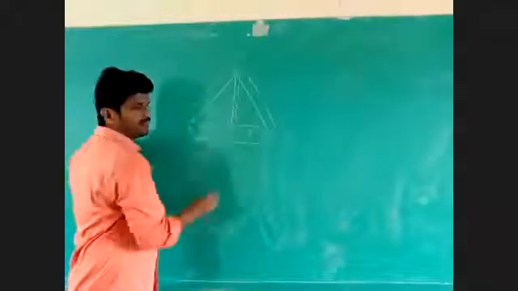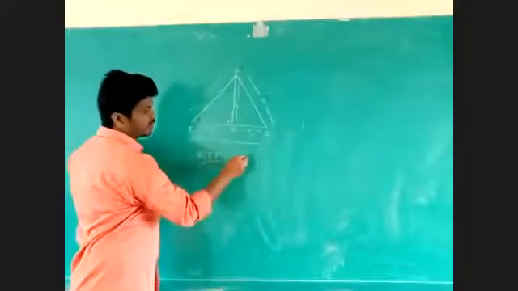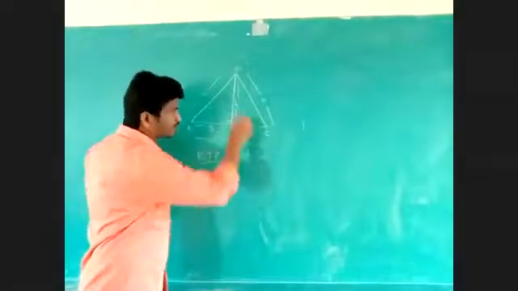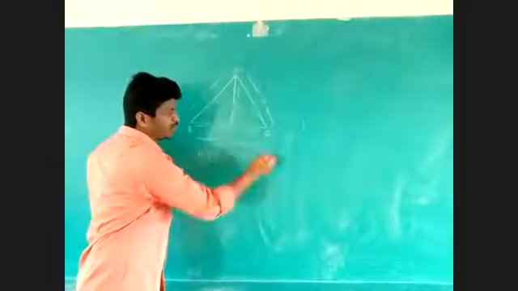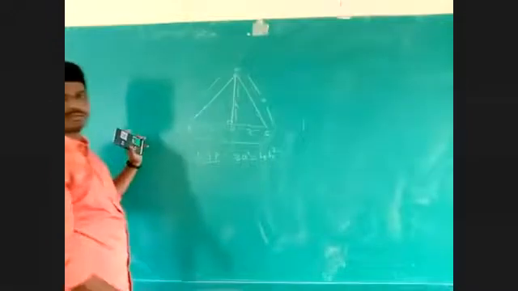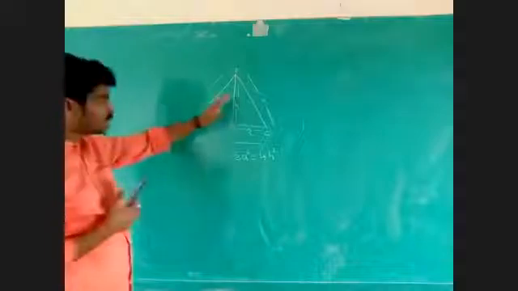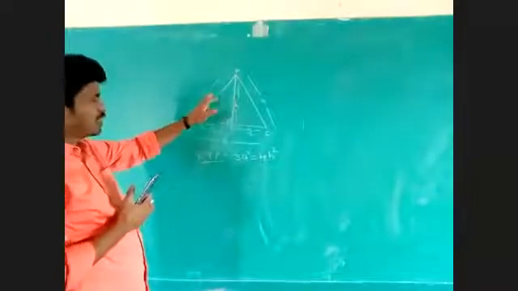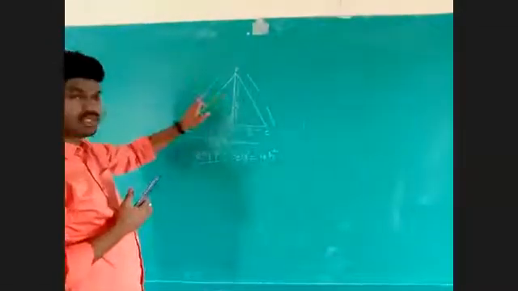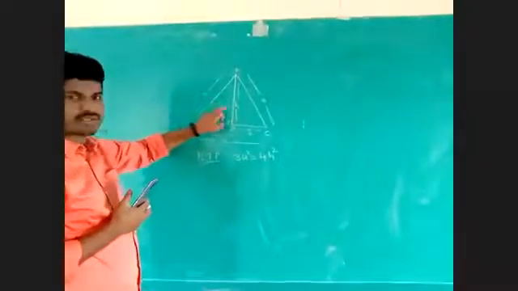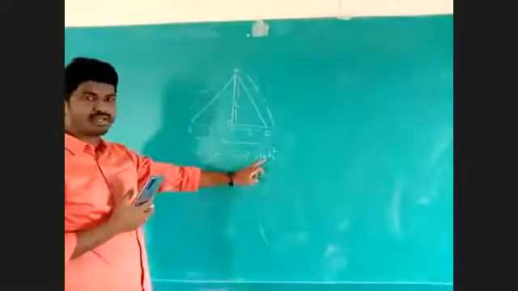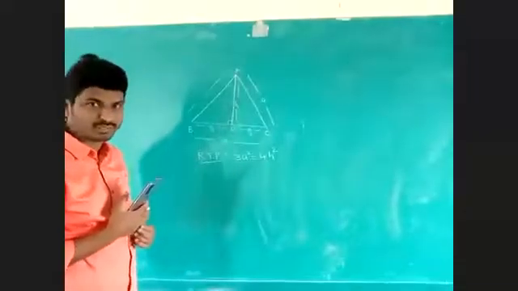I am taking AB, which equals A. So 3 times A square equals 4 times altitude square. Altitude equals H. So 3A square equals 4H square. This is the RTP of the given problem.